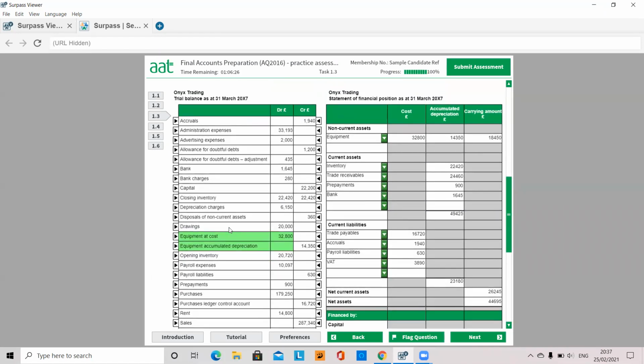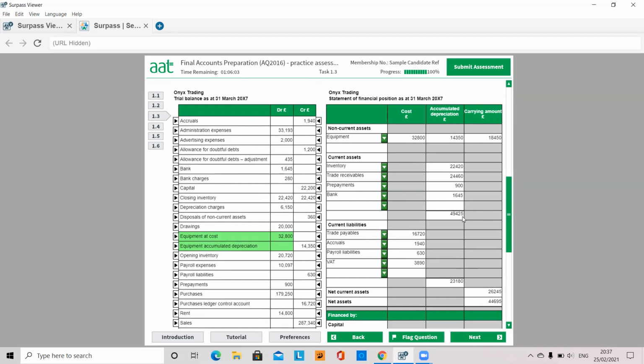Then we've got money in the bank of 1,645. So that gives us our total current assets of 49,425.